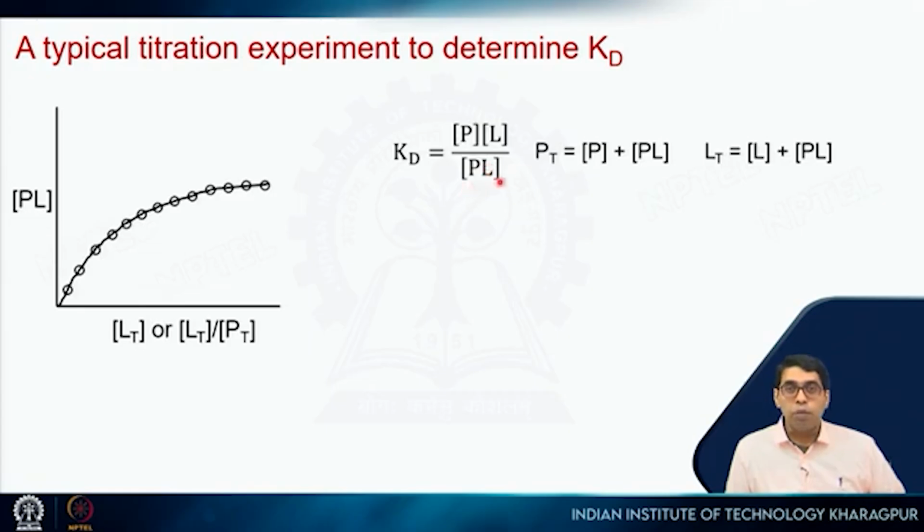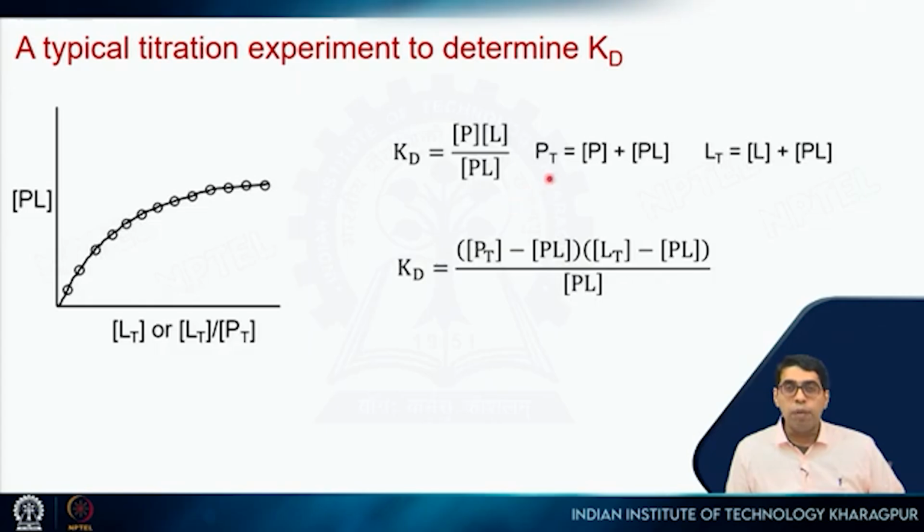But we can say that the total protein concentration will be the summation of free protein plus bound protein, because the protein is present in one of the two states, either it is free or bound. So, the total concentration will be P total. Similarly, the ligand is either free or bound, so the total concentration will be L total, and this is something that we know.